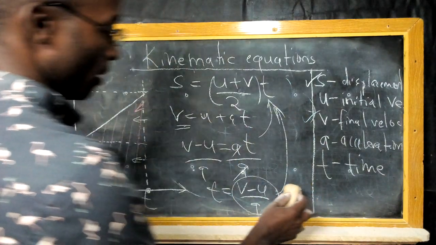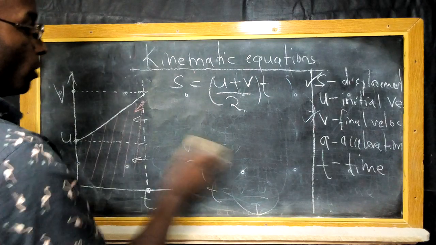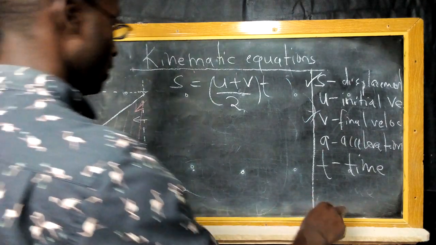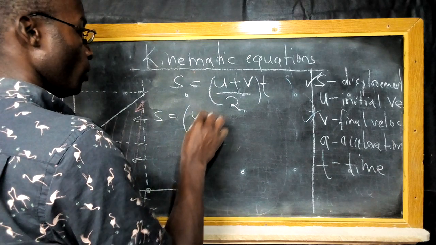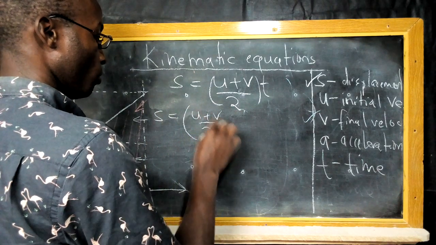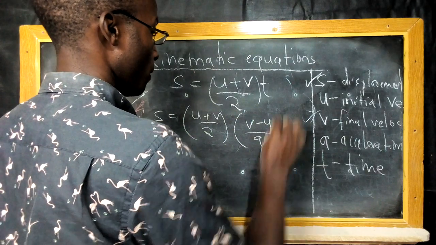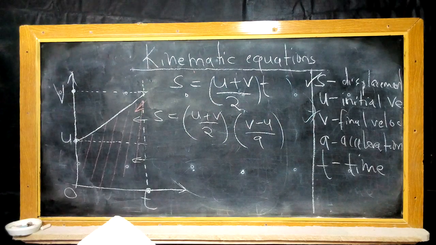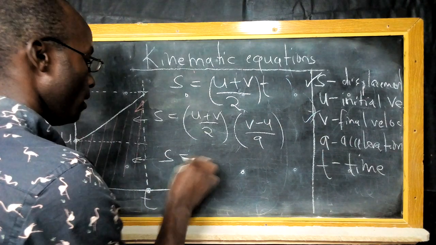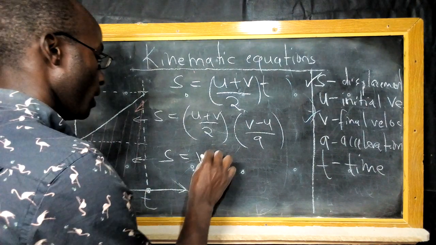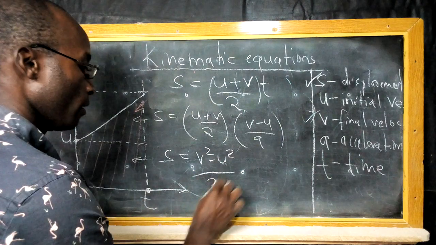So it is v minus u over a. So another way in which we are going to represent this is s is equal to u plus v over 2 into v minus u over a. Evaluating for that, we will have s is equal to v squared minus u squared all over 2a.